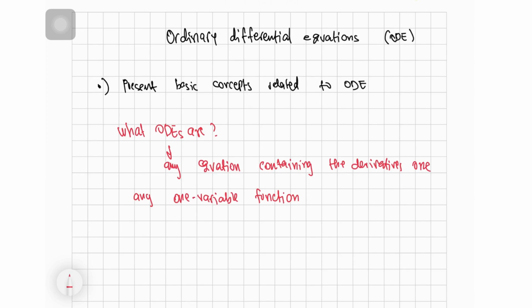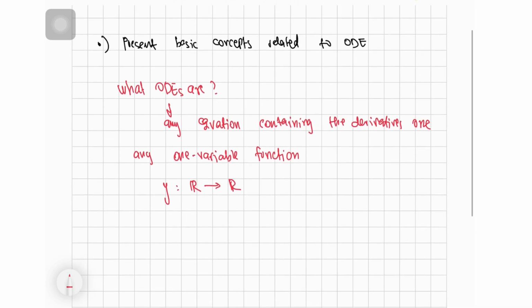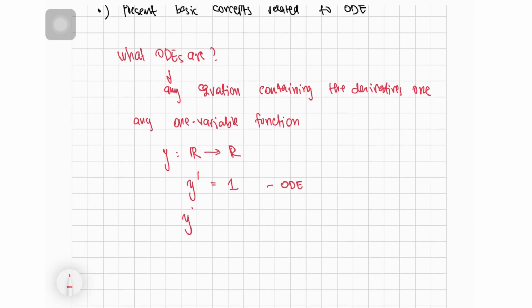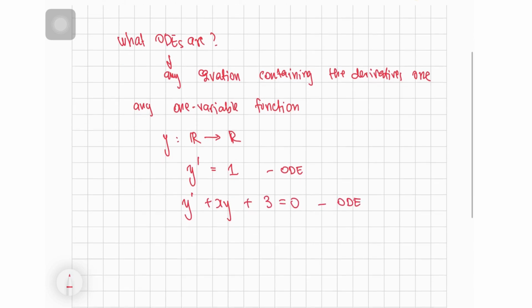So when we have a function y which maps the set of real numbers into the set of real numbers, and we have some relation, that is some equation that contains some derivatives like y prime equals 1, this is an ODE. Or y prime plus xy plus 3 equals 0. This is also an ODE. Why?